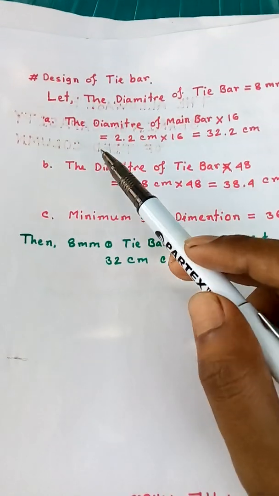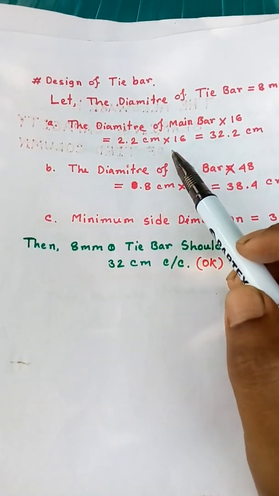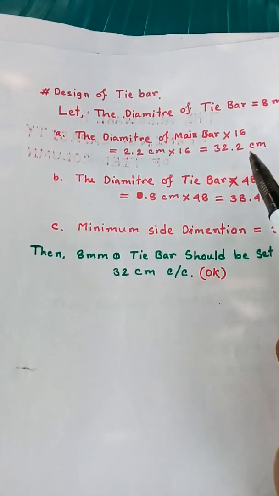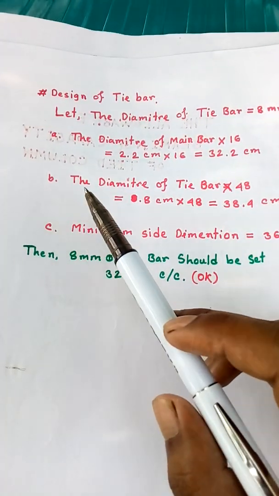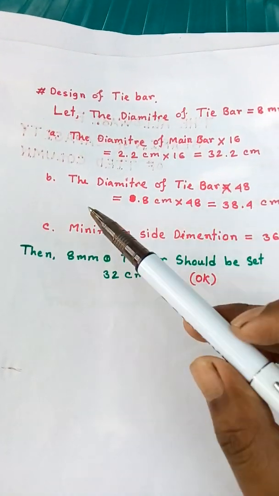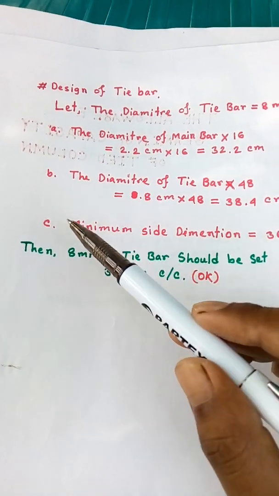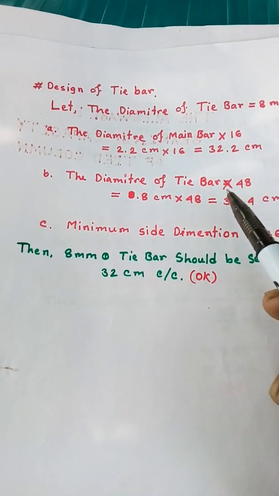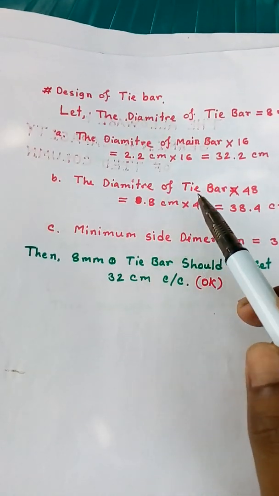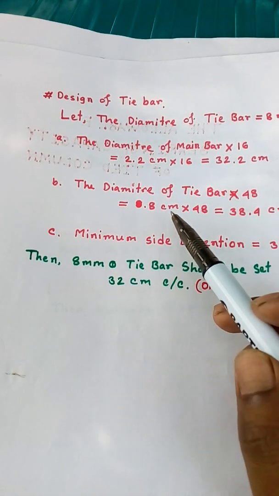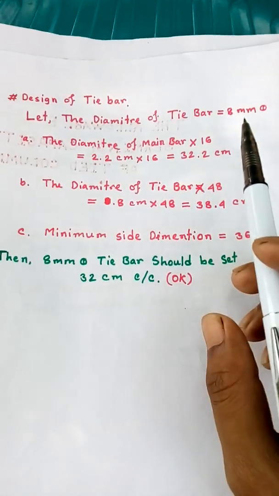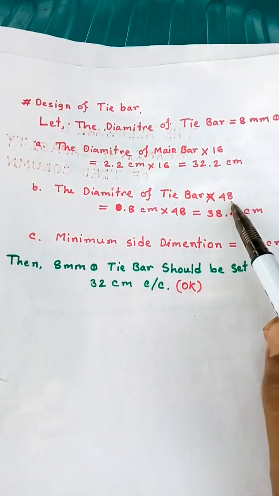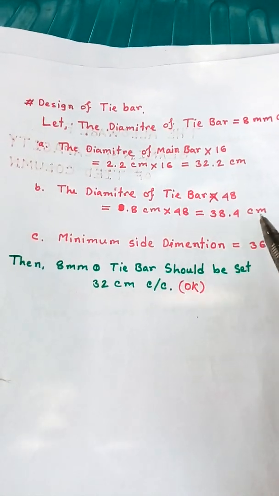The main bar diameter is 2.2 centimeter into 16 equal to 35.2 centimeter. The other rule: the diameter of tie bar multiplied by 48. The diameter of tie bar is 0.8 centimeter, 8 mm, multiplied by 48 equal to 38.4 centimeter.